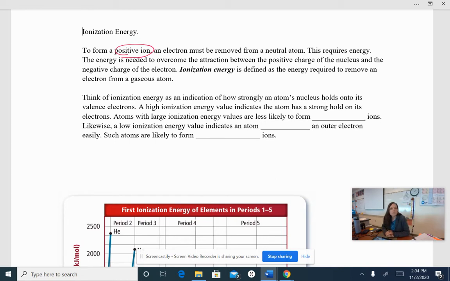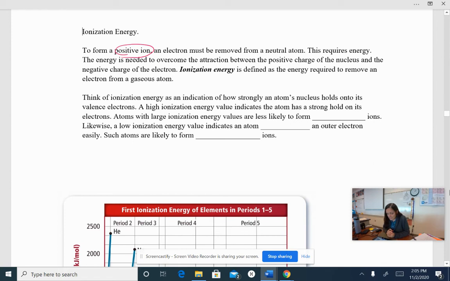Okay? So in order to form a positive ion, I have to remove an electron from a neutral atom. Usually the electron that we remove is from the valence shell or the outermost shell of that atom. So we remove that electron from the neutral atom, and it takes some energy to do that.